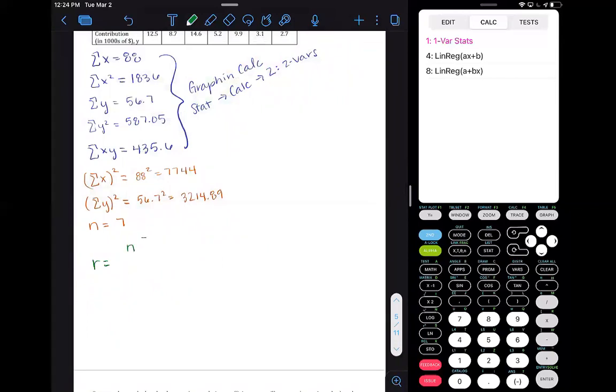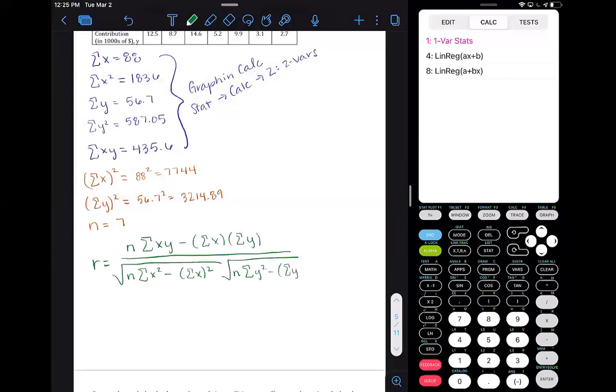We have n times the summation of xy, minus the summation of x times the summation of y, divided by the square root of n times the summation of x squared, minus the quantity of the summation of x squared, times the square root of n times the summation of y squared, minus the quantity of the summation of y squared.